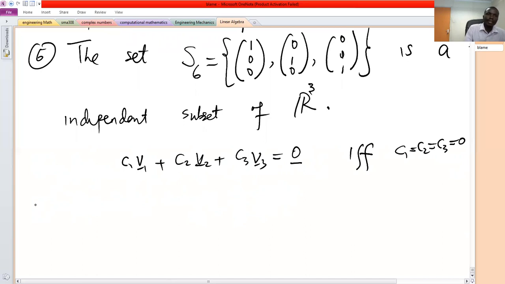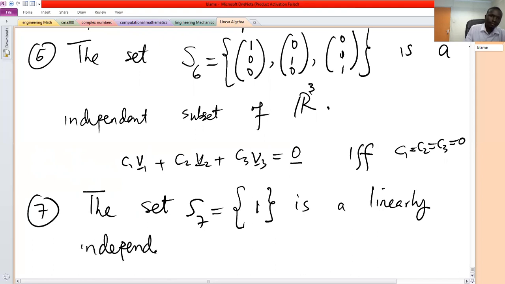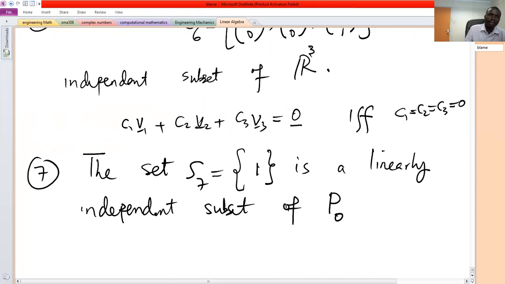And then number 7, the set S7 given by just this single element 1 is a linearly independent subset of the set of all polynomials of degree 0.